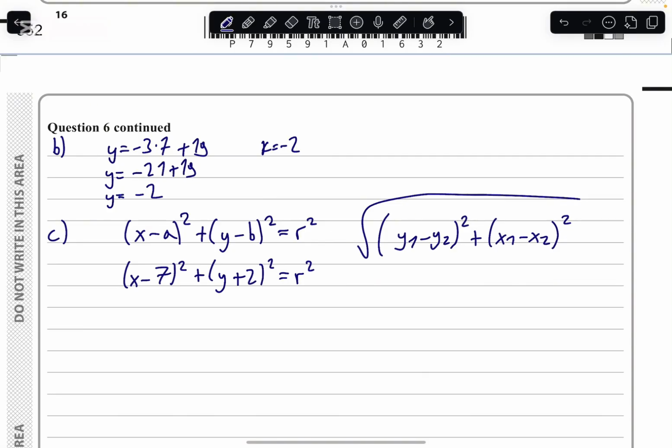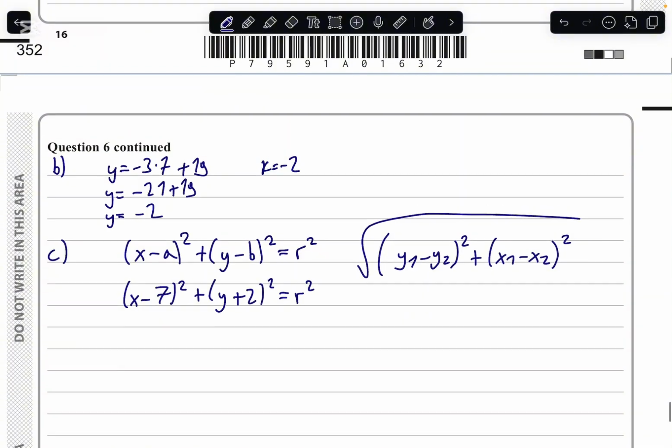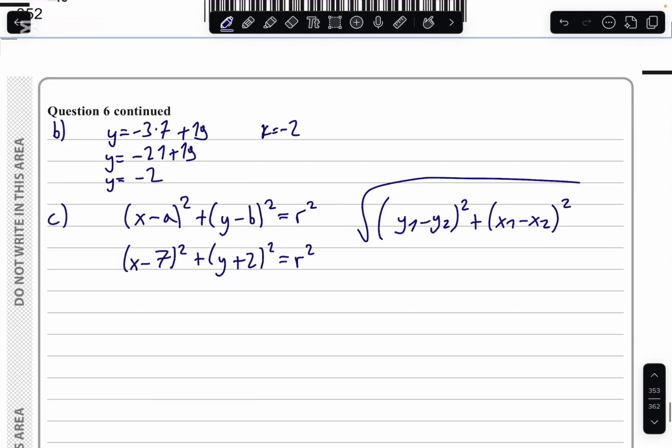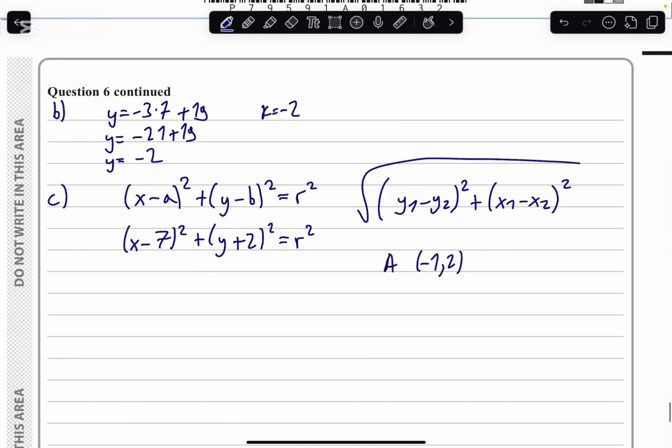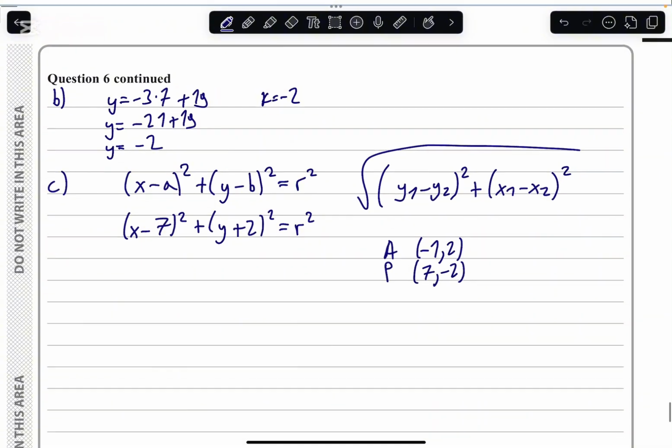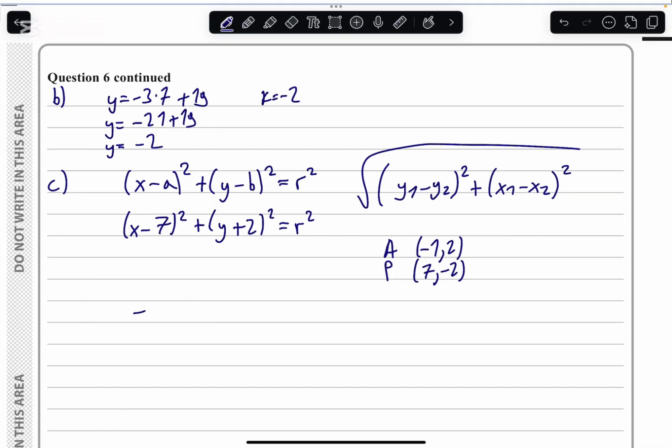So we'll take the y1 and the x1 to be the center, and the y2, x2 to be the point P. Point A has coordinates minus 1, 2, and P has coordinates 7, minus 2. So in this case, we'll do the equation now.